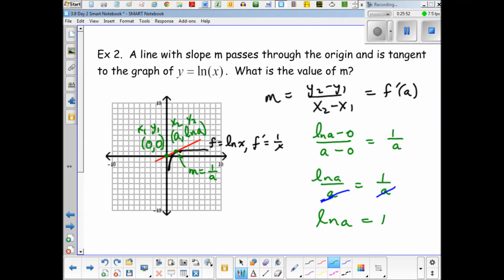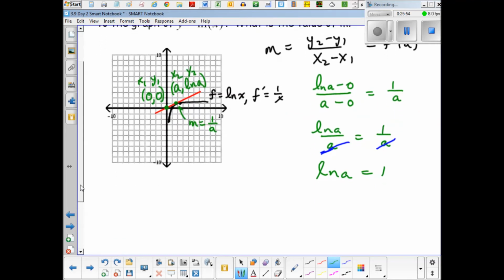If you remember what ln means, ln literally means log base e. This basically means a equals e to the first, or you could just say a equals e.